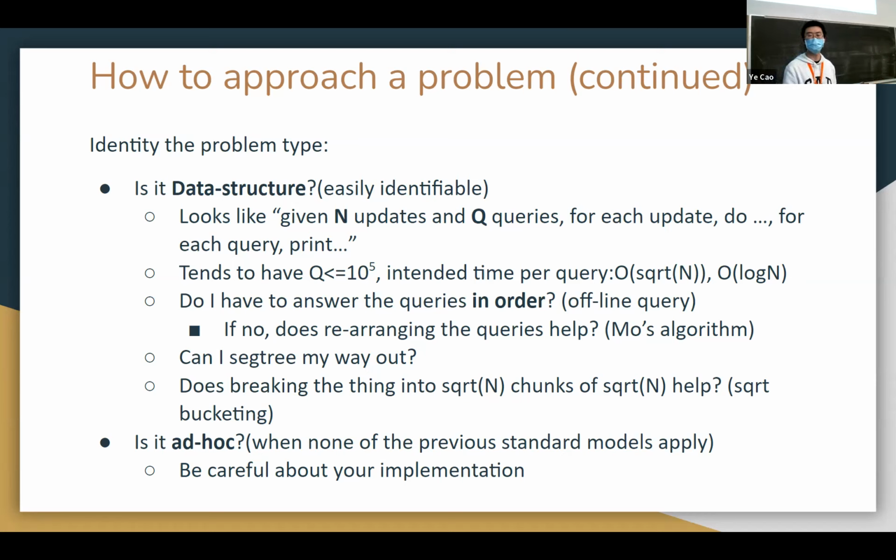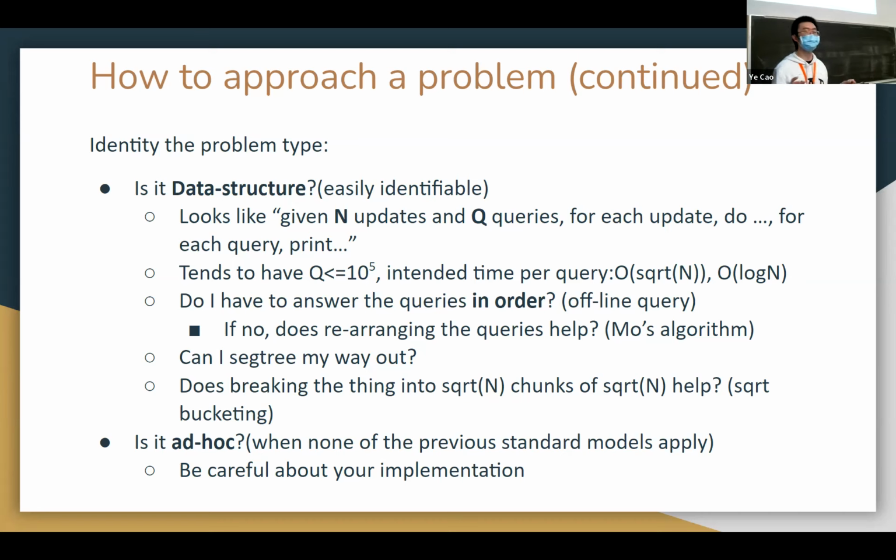If the problem is not offline queryable, think about segment tree. Can I segment tree my way out? Sometimes you can, sometimes you can't. And when you can't, think about square root bucketing. Because other than segment tree, square root bucketing is the most common data structure strategy that you're going to use.